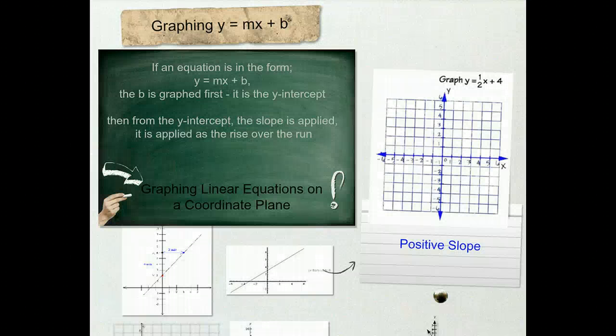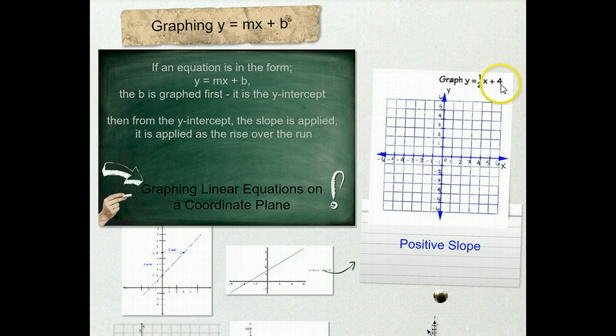Okay, to sum it up, if we're graphing an equation in the form y equals mx plus b, first we graph the b, the y-intercept, and then from the y-intercept, we apply the slope, which is the coefficient of the x.